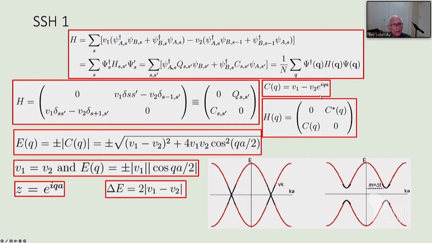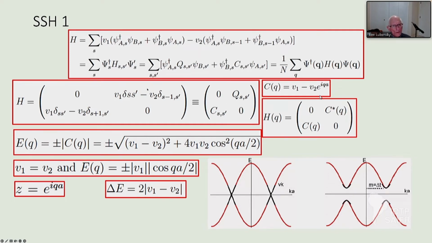So here we have psi dagger A S, Q S S prime. We can go from S to S prime, psi B, and then psi dagger S B, which is the other way around, psi S, and we can write this as a psi dagger of Q, H Q psi, where the H is a 2x2 off-diagonal matrix, including the V1, which allows you to hop while staying in the same unit cell, and you have the ones which take you from S prime to S-1, or S prime to S+1.